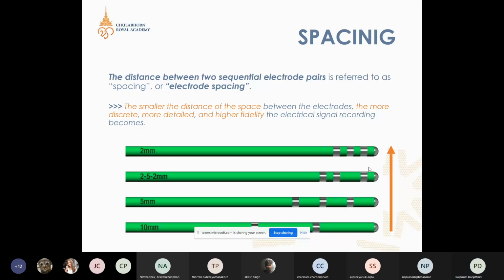If you don't care about the electrical signal received from the cardiac tissue, you can use the bigger spacing, just like 5 millimeter or 10 millimeter instead.